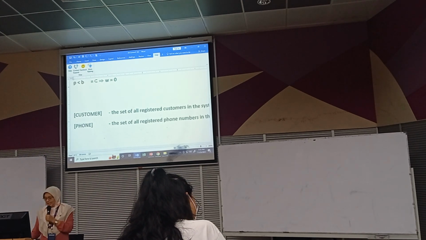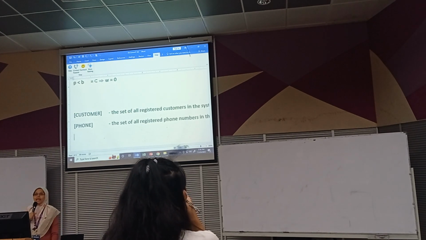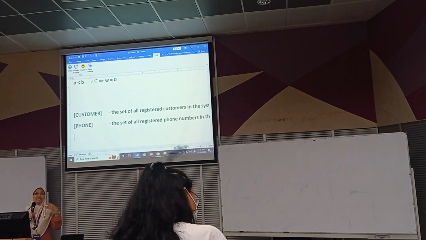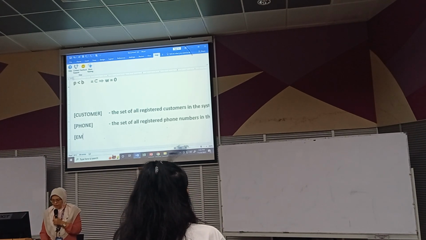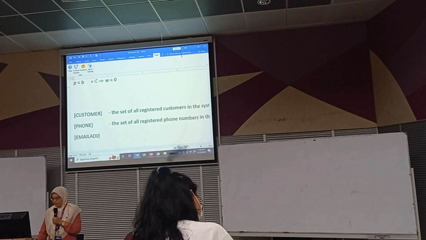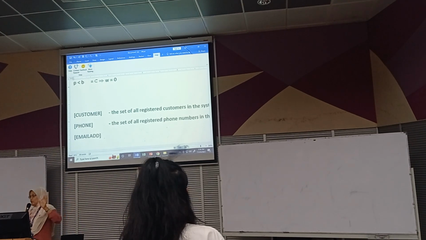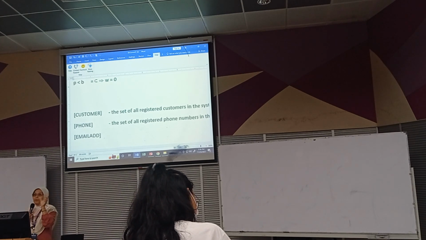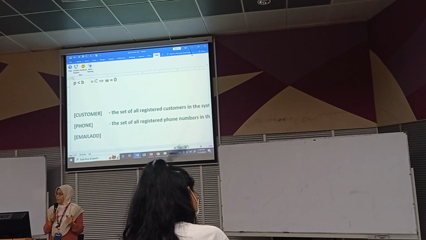If let's say you have two words, you want to say email address. So you just put email, for example, ADD like that. Make it as one word, all capital letter. No S, no nothing. So just put as one word. So that is how you do the basic type.